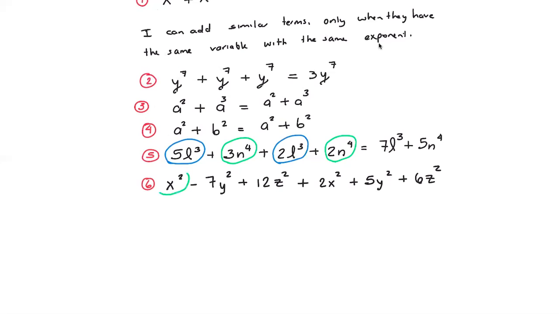So x's to the second will be added with x's to the second. Y's to the second will be added with y's to the second. And z's to the second will be added with z's to the second. Only the ones with equal variables and equal exponents can be added.